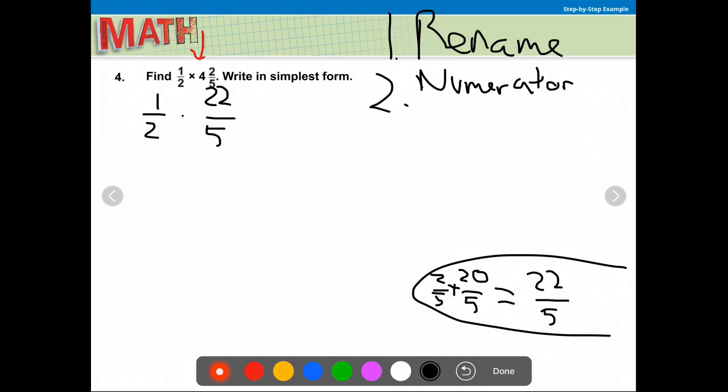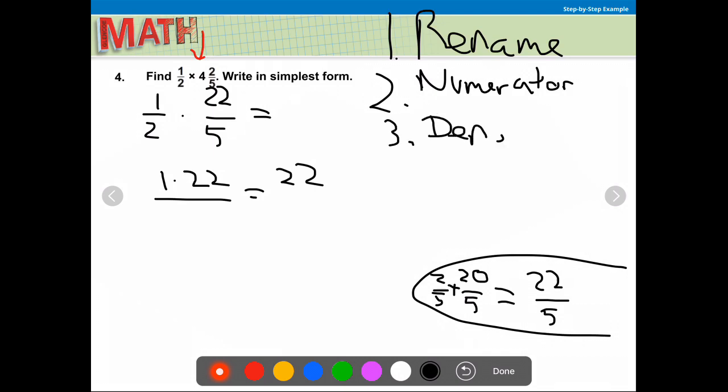Okay, second step is multiply the numerator. All right, so that's 1 times 22, which is 22. Our step 3 is multiply the denominators, and that is 2 times 5, or 10.